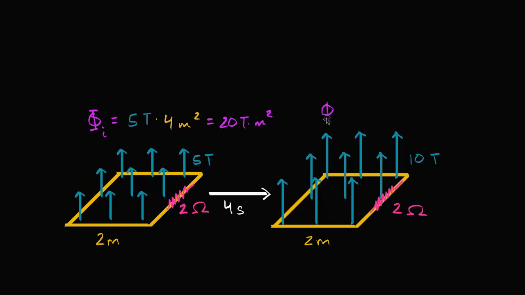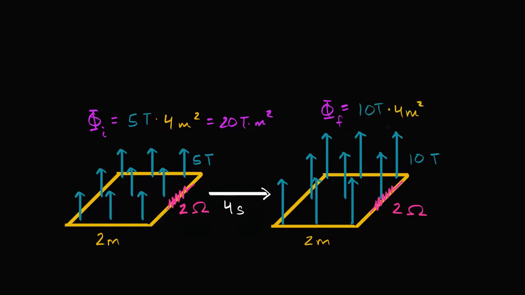The final flux is going to be equal to, well, now the average magnetic field, or the average component of the magnetic field that is perpendicular, and the way I've defined this magnetic field, the vectors are already perpendicular, is 10 teslas. The area of our ring hasn't changed, so still 4 square meters.